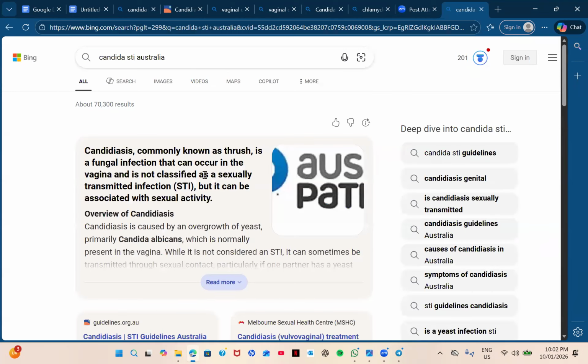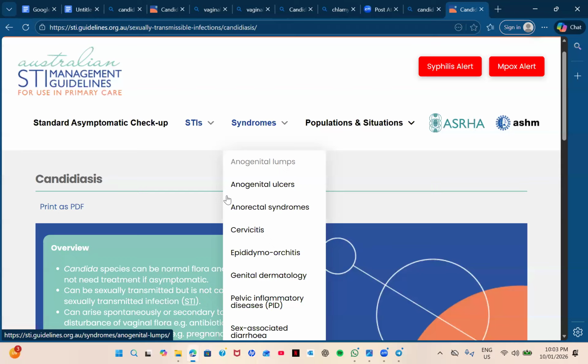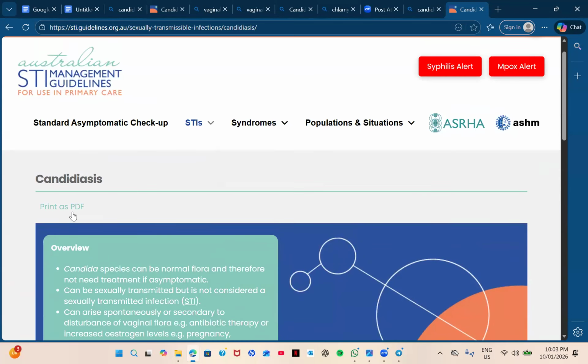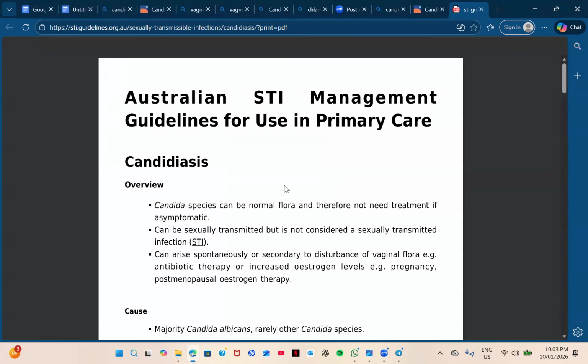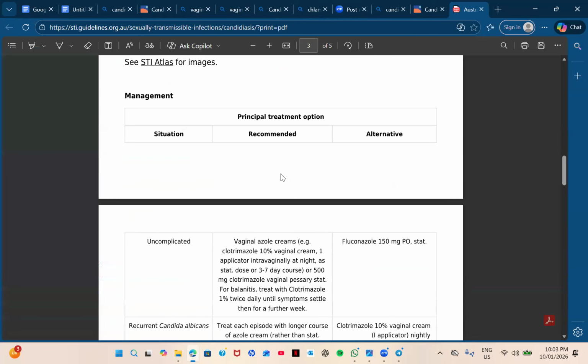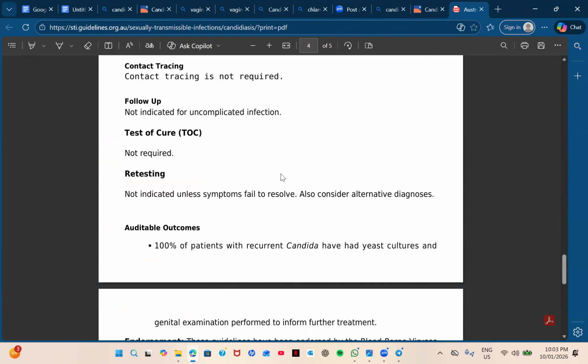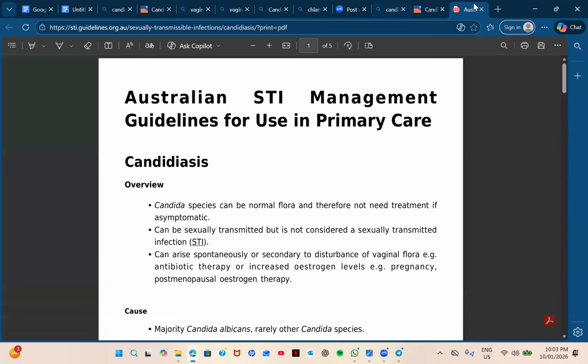Then you will find the related guideline. You have the download option here, print as PDF, then you can get a downloadable version, and you can highlight and do whatever you want. So use that one.